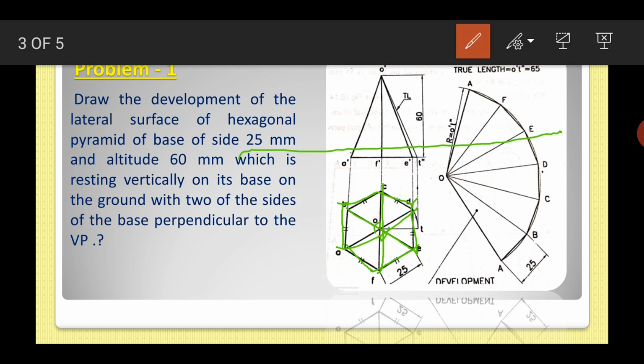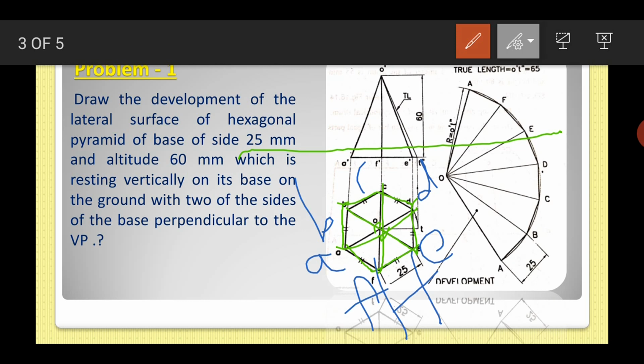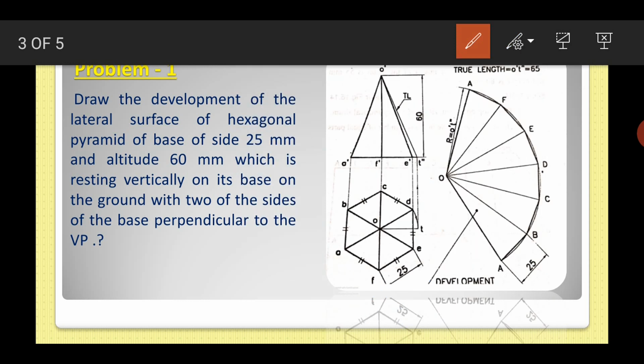Then you have to name it, like A, B, C, D, E, and F. Then you have to mark the dimensions also. So as you know, you draw this side, this top view actually.